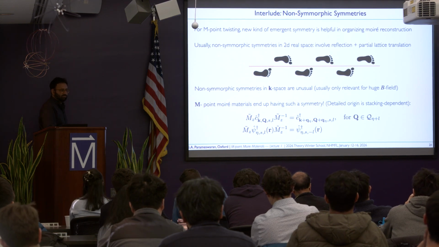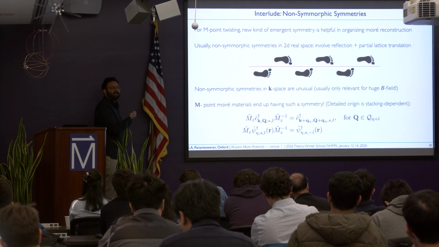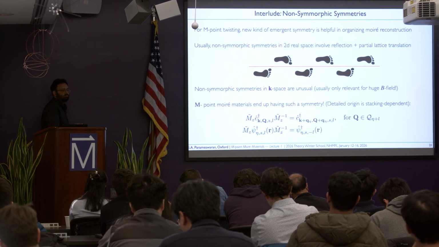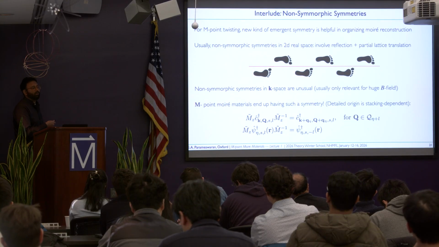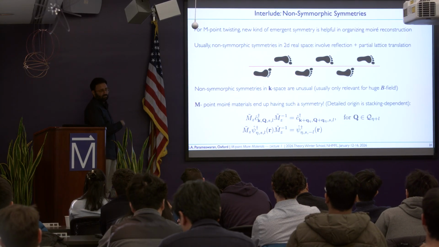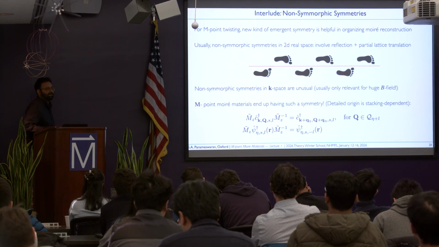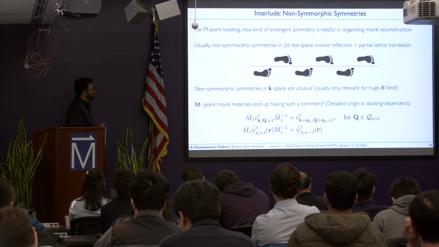So you can see that that's a symmetry. Neither on its own is a symmetry, but their composition is a symmetry. Mathematically, this is because some space groups are not the semi-direct product of their point group and their translation group. They contain elements where the quotient is non-trivial, and elements in the quotient are not symmetrically generated. So that's a mathematically technical way of describing these symmetries.